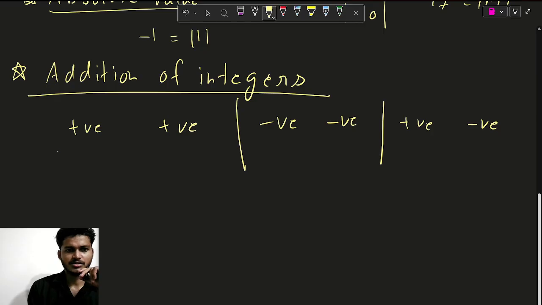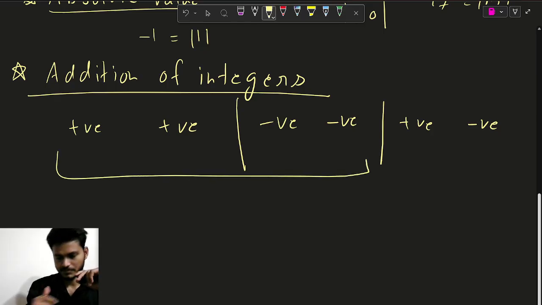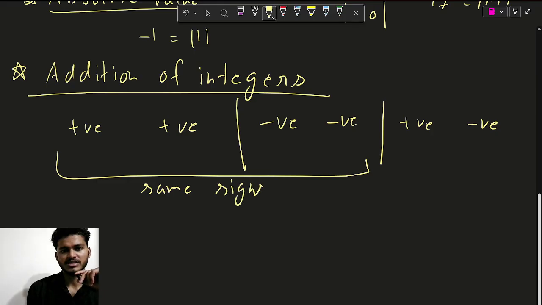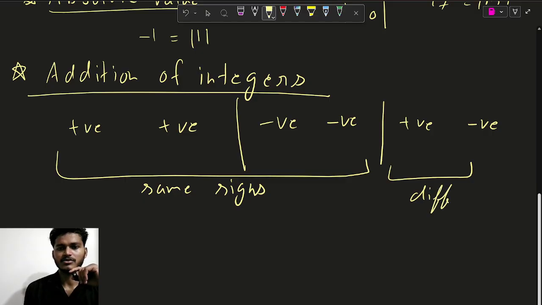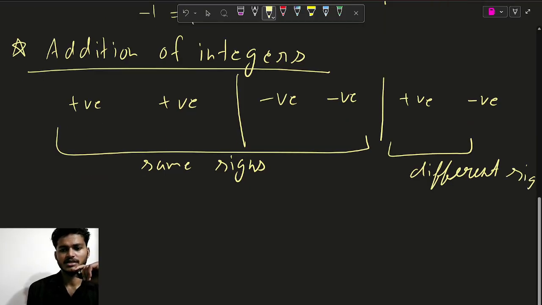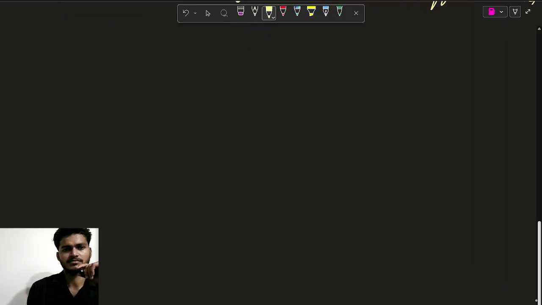So we can classify like this also: integers with same signs, and integers with different signs. First of all, we'll take some integers which have the same sign.